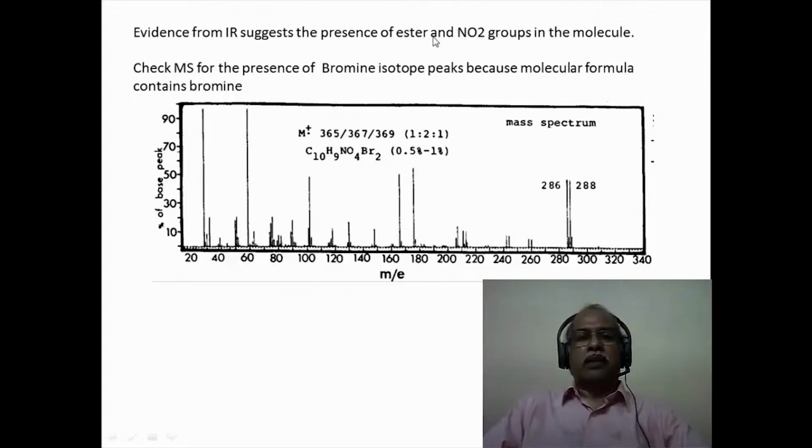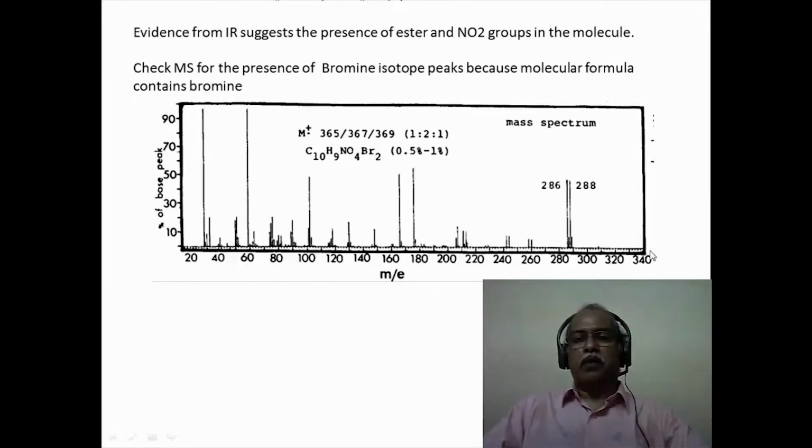Now although the molecular formula suggests that there are 2 bromines in the molecule, one can quickly check whether the mass spectrum also confirms the presence of bromine. The mass spectrum shows the 365, 367 and 369 peaks, m/z values corresponding to the molecular formula, in 1:2:1 ratio with a very low intensity which is not visible in this particular spectrum.